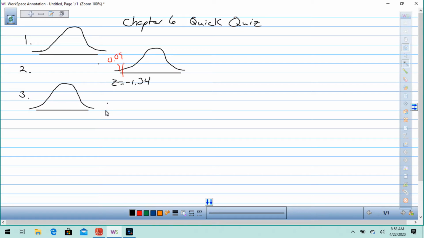All right, so find the probability of a score greater than negative 2.93. So I'm going to say that's over here somewhere. Z equals negative 2.93. And I want to find this area here.